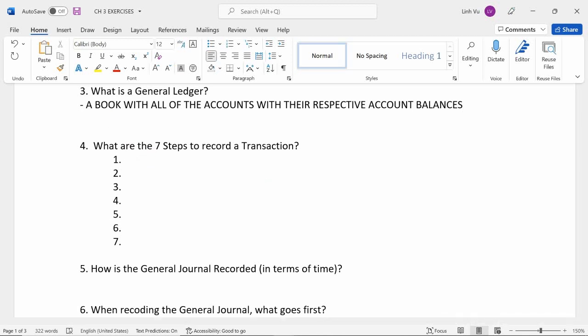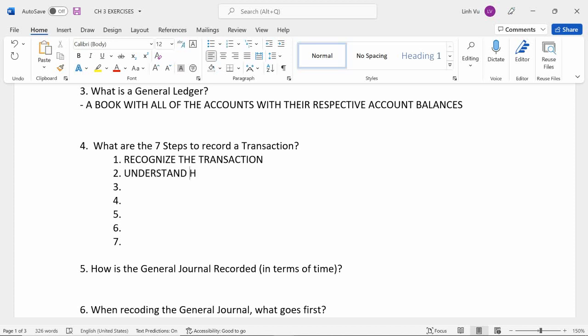What do you need to do first? First, we need to recognize that a transaction has occurred. Yeah, recognize the transaction. What's step 2? Understand how that transaction affects the business.